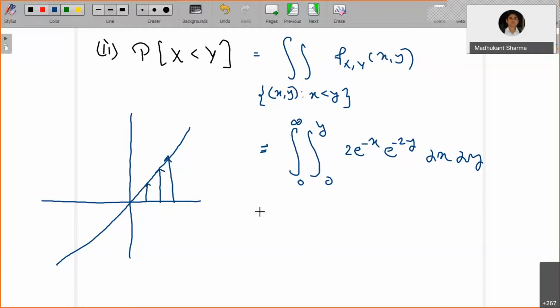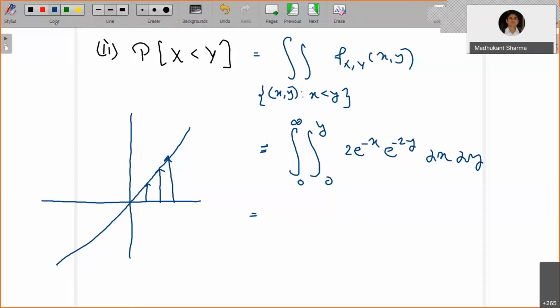Now you can find this integral. Since both limits are not constant, you can't write it as the product that we wrote earlier. What you have to do is integrate with respect to x and then with respect to y.